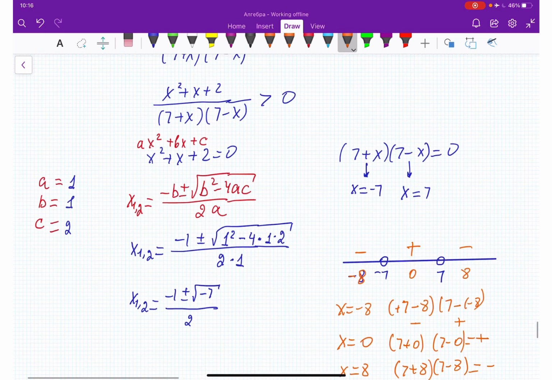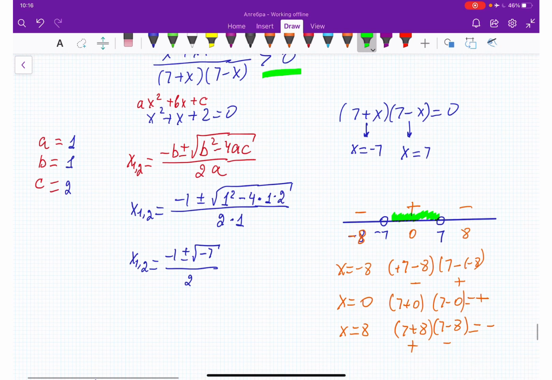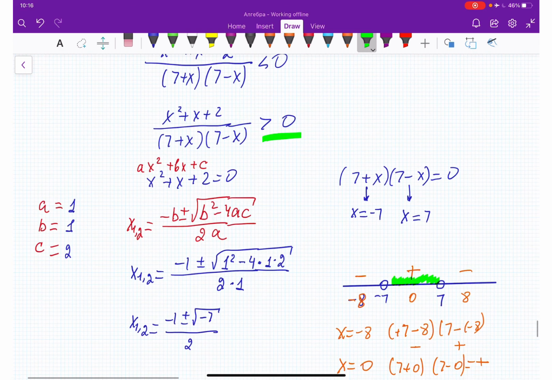And since our inequality requires greater than 0, which is going to be this area, greater than 0. And if I would draw the graph, it's going to go like this.